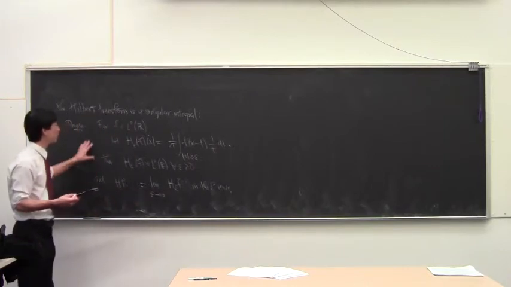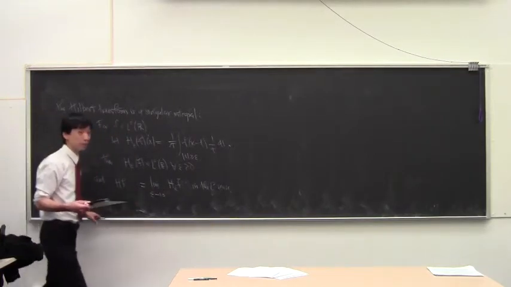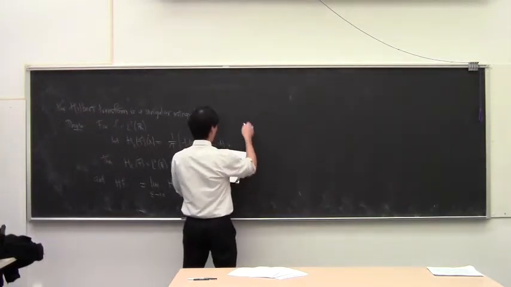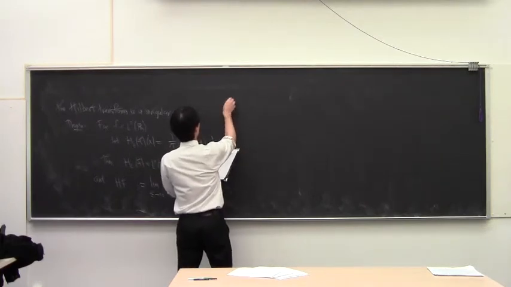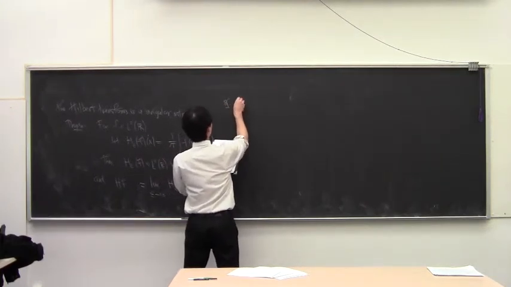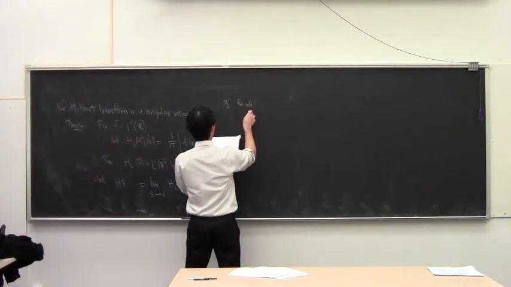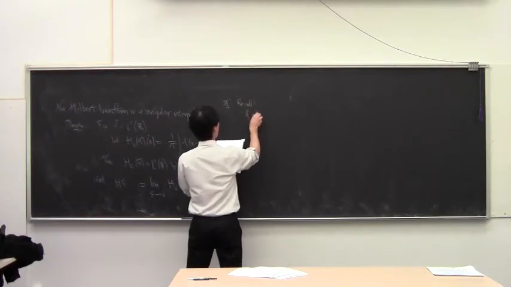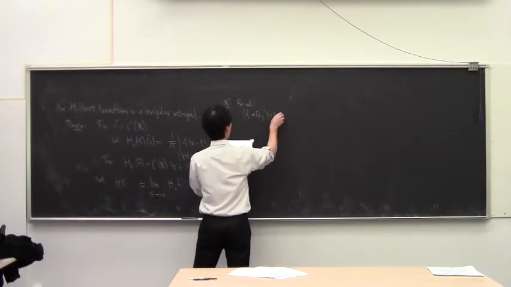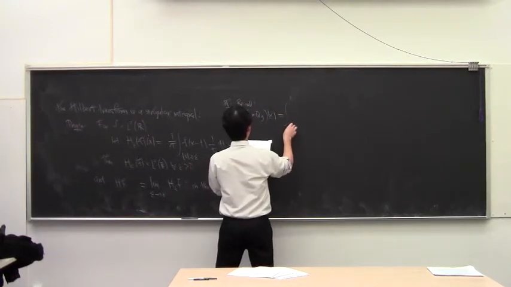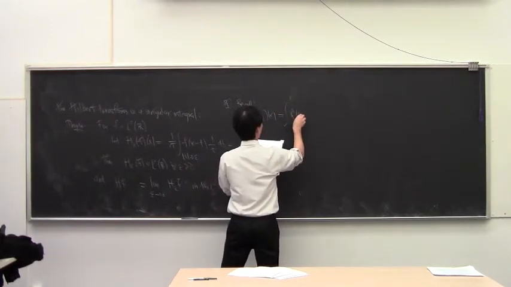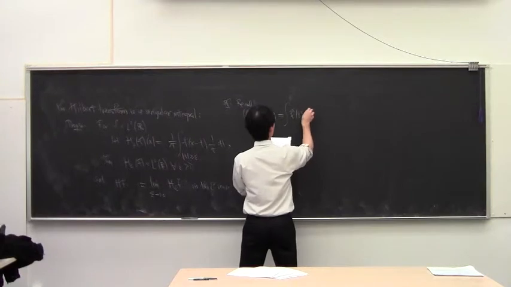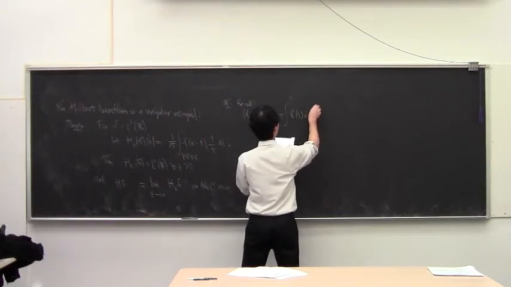Okay. So we're going to recognize the Hilbert transform as a singular integral. So let's first recall these two formulas that we had earlier. We had the formula for the conjugate Poisson kernel.